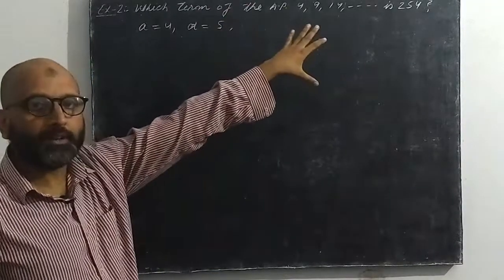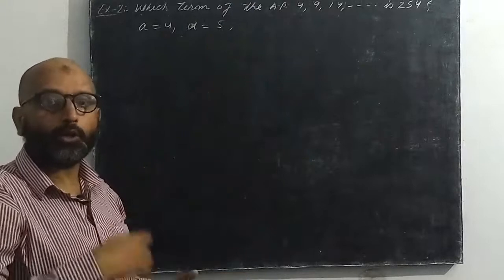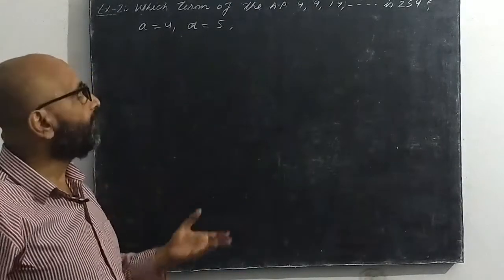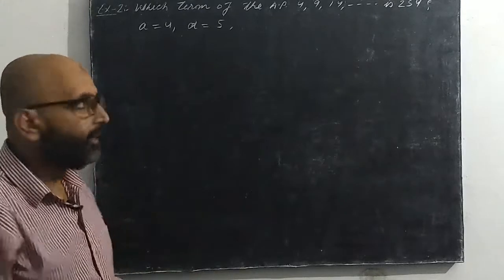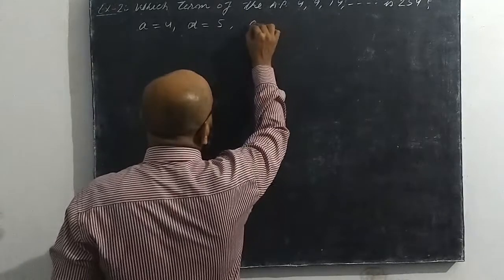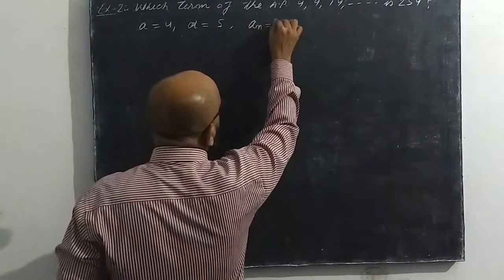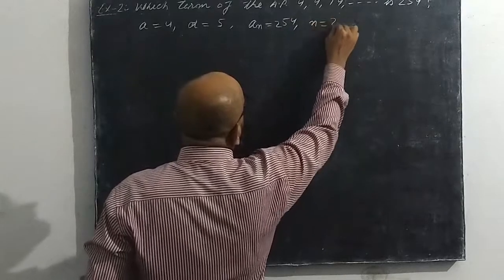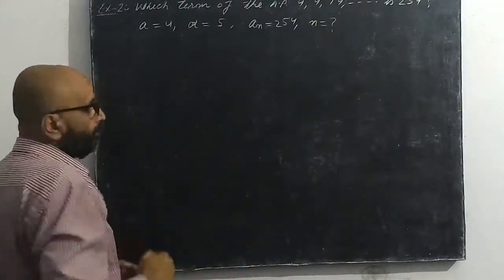That means the term is given and we need to find out the order of the term, whether it is 20th term or 21st term or 22nd term. That means we have to find out n, where an is given. So the term is considered as an, 254, and we have to find out n, order of the term.